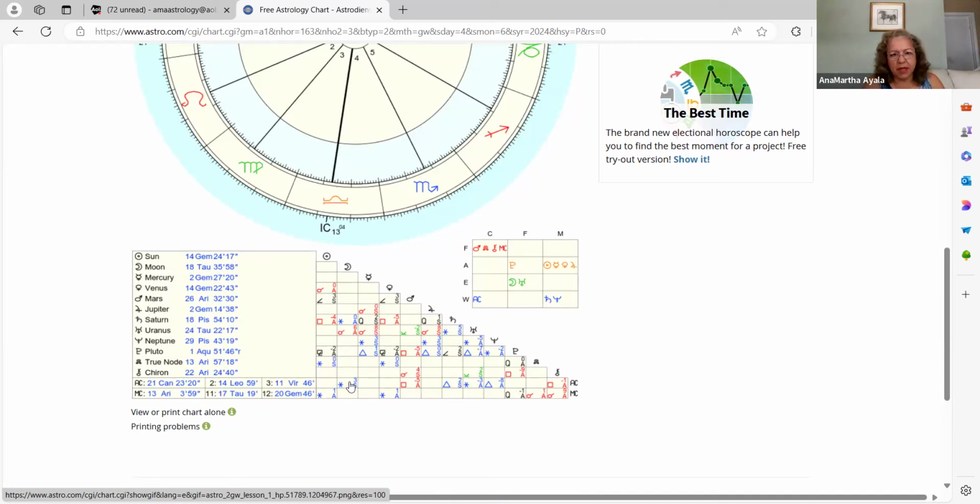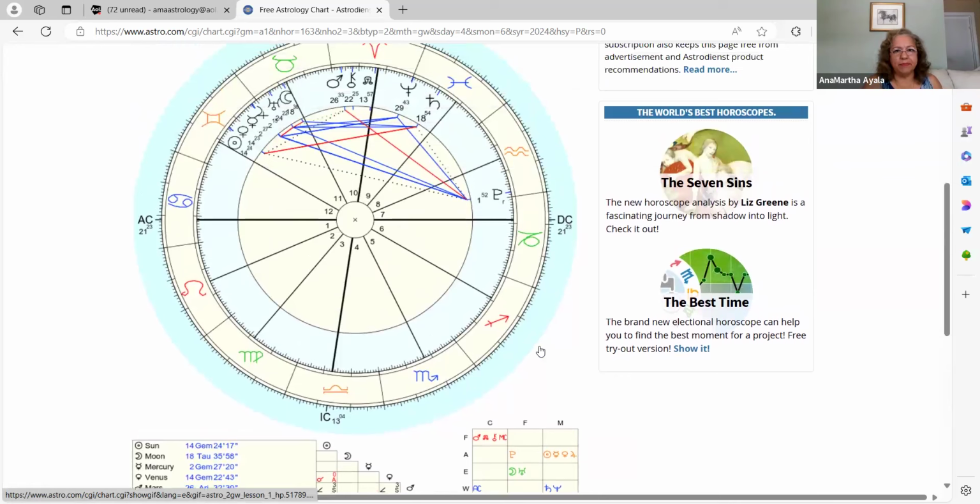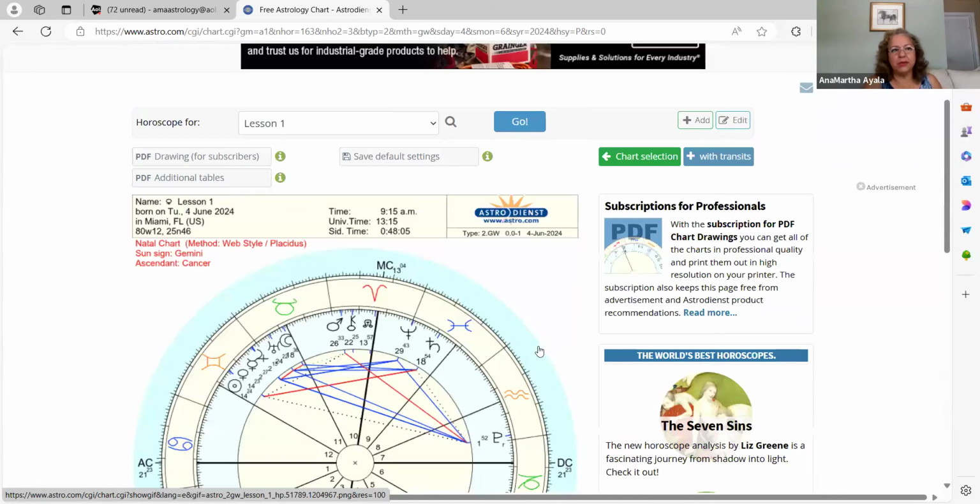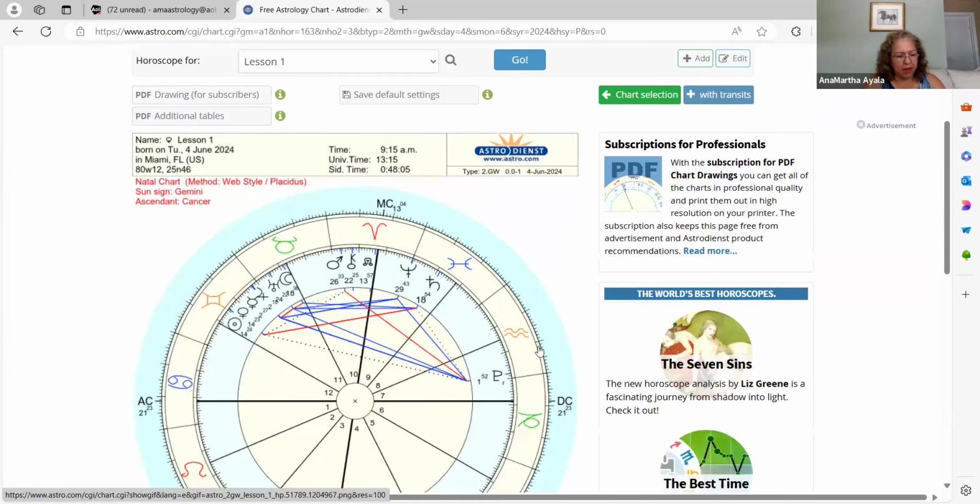The inconjuncts, they have different symbols, but we'll get to that in other lessons, okay? Because I don't want to overwhelm you guys now with all this information, but I think I've tried to make it as simple as possible and just give you, like I said, the basics. I'm gonna stop here because I don't want to make this video too long.